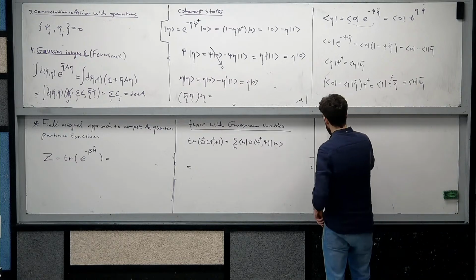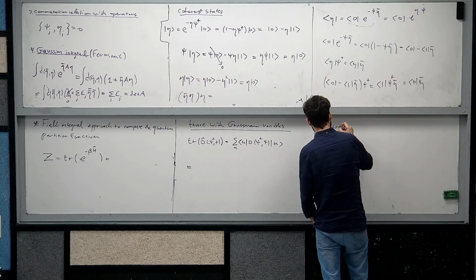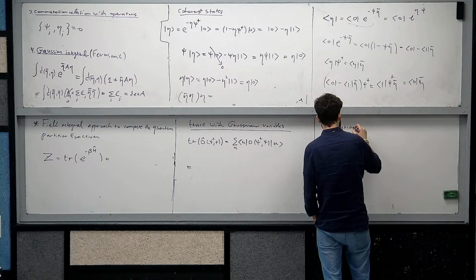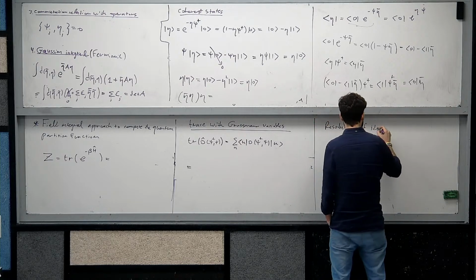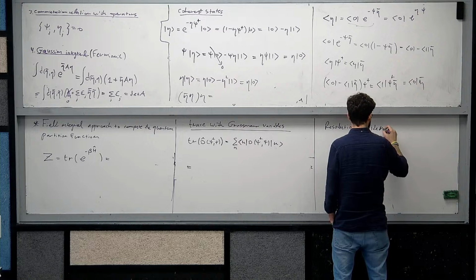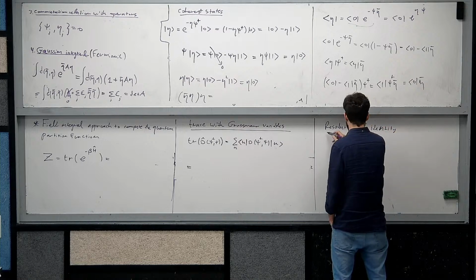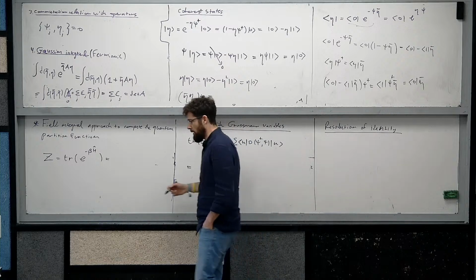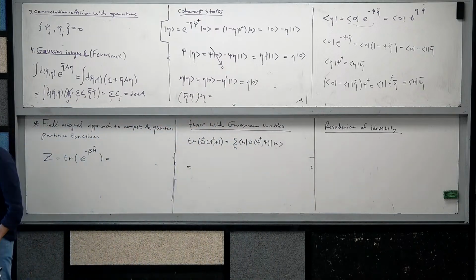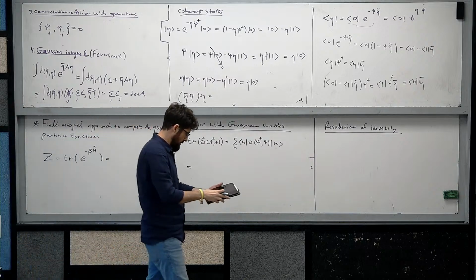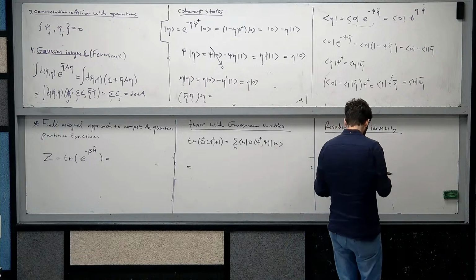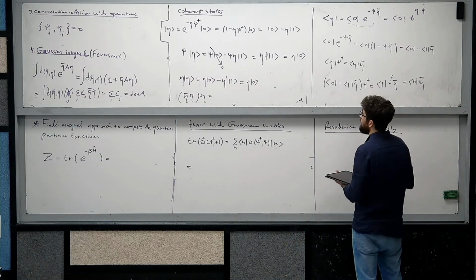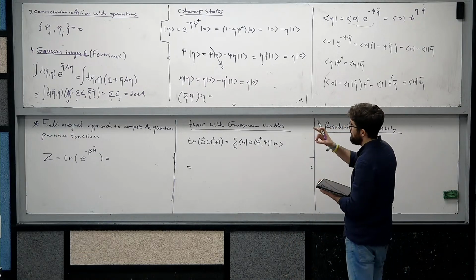So sorry, I need also a resolution of identity. So to that end, sorry, I'm all mixed up. I jumped ahead too fast. So I had the Gaussian integral over there.